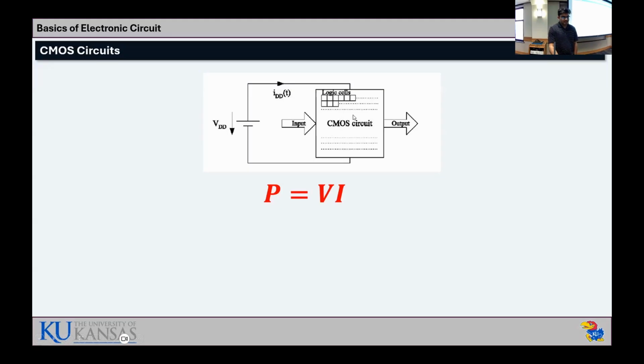Suppose you have 100 transistors inside this CMOS circuit block, and in the first operation, 50 transistors actually turned on and the other 50 were off. So the current flow will be, suppose, 50 milliampere, right?